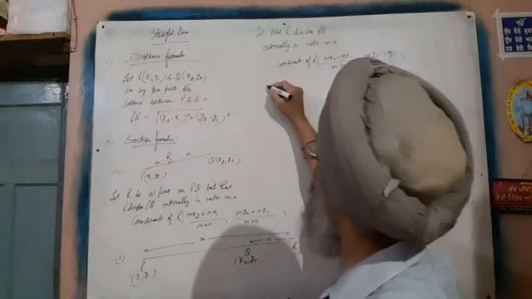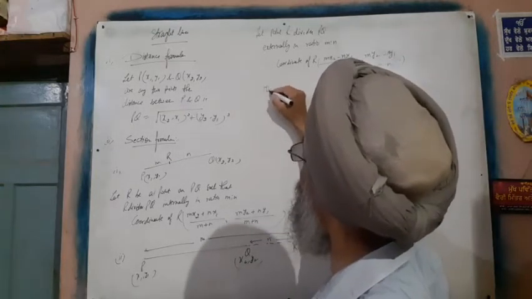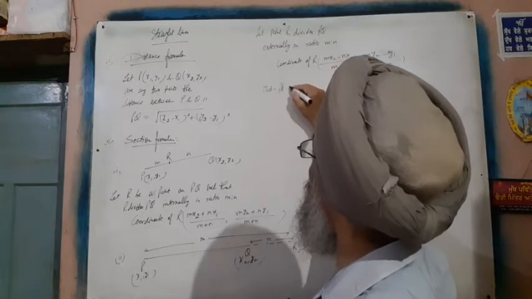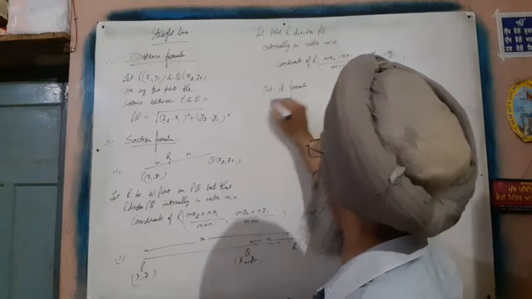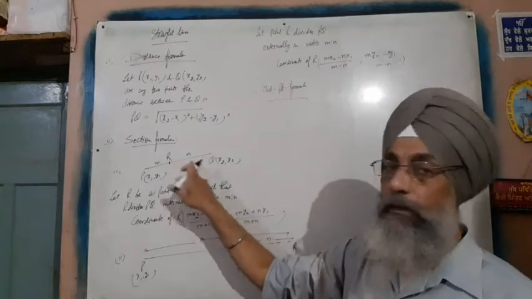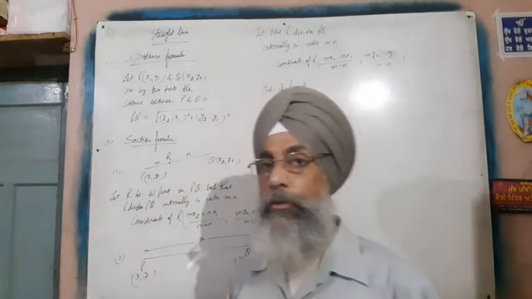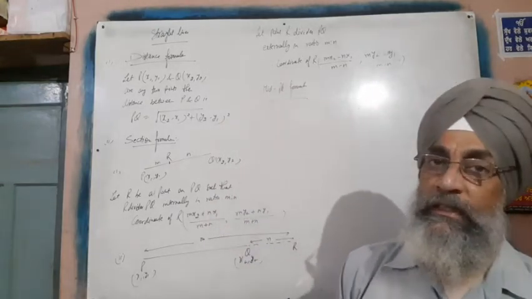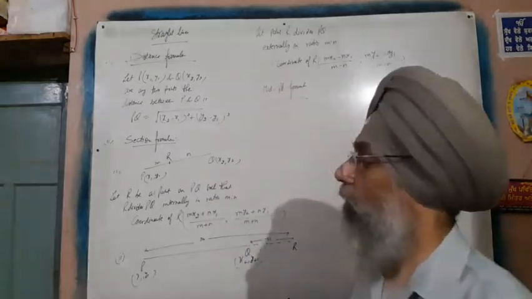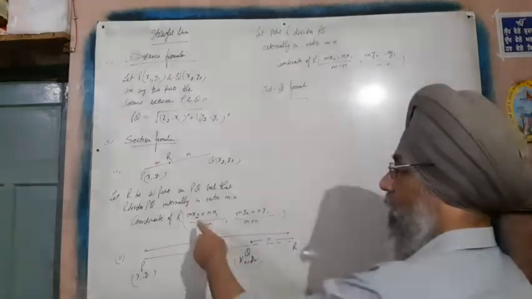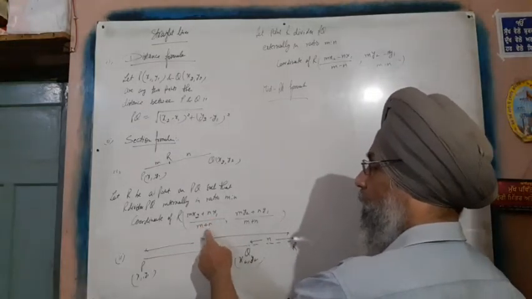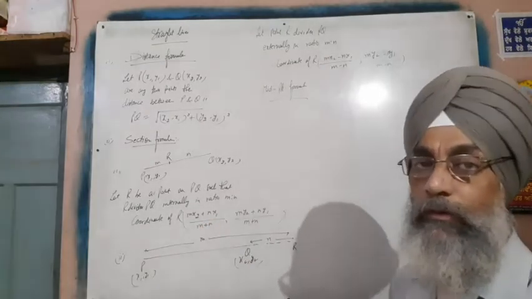Then there is the midpoint. Now if we take this point R as the middle of PQ, meaning it divides PQ internally into two equal parts, then m:n is 1:1. Then the formula for the midpoint becomes (x1 plus x2) upon 2, (y1 plus y2) upon 2.